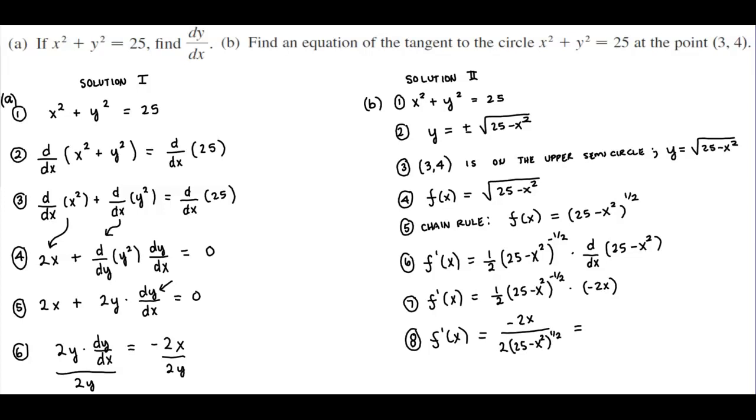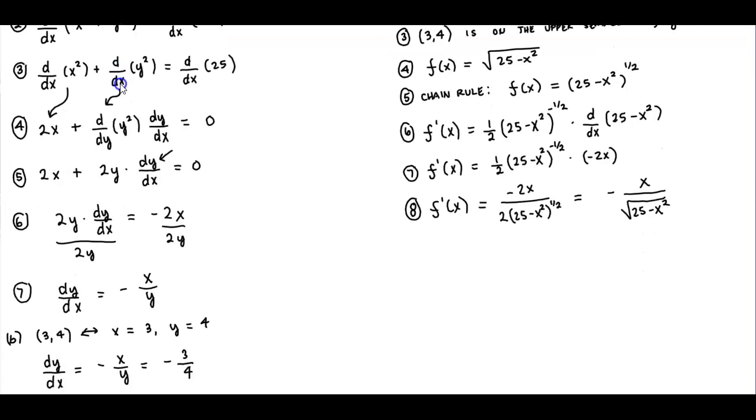If we simplify that a little further, we get negative x over the square root of 25 minus x squared. So therefore, there is the derivative of our function.